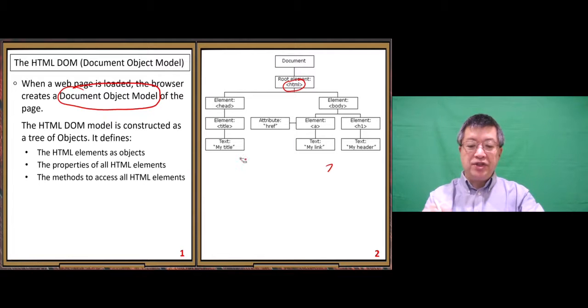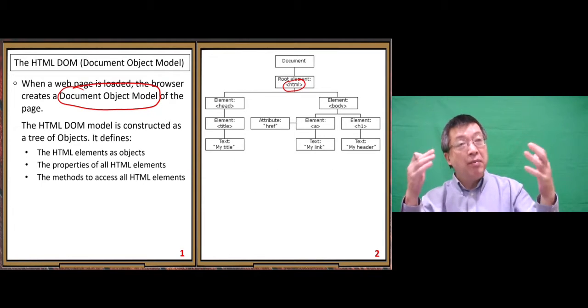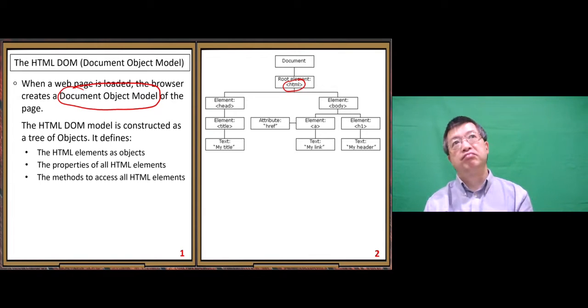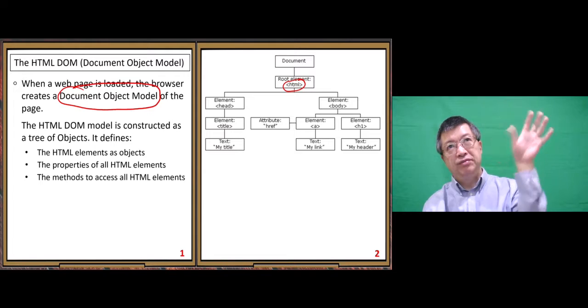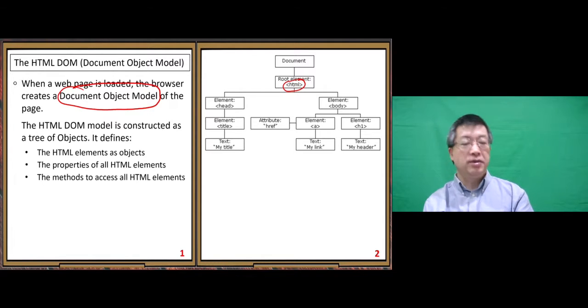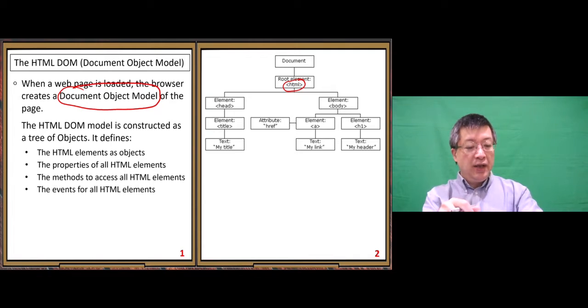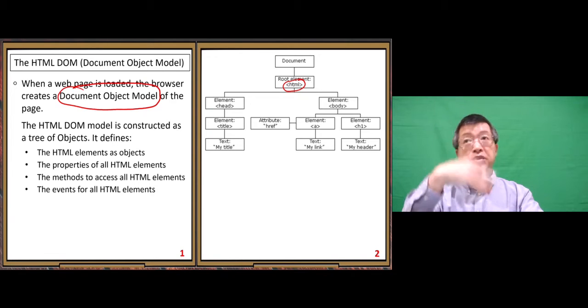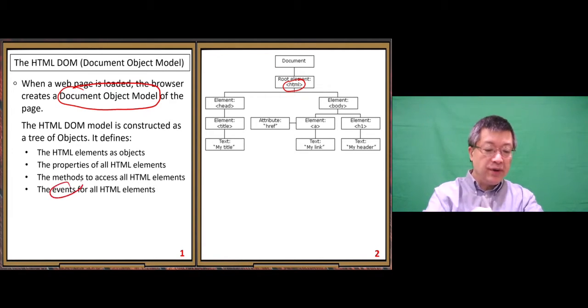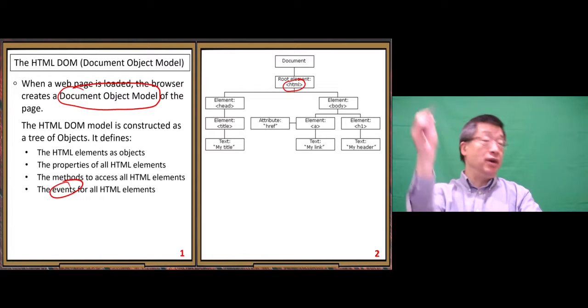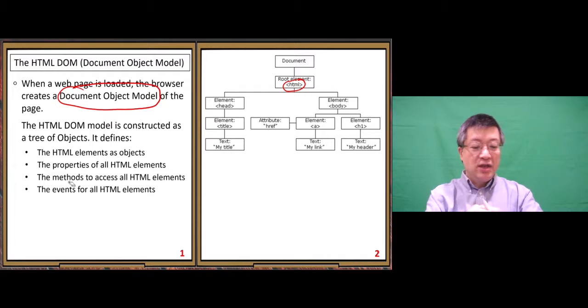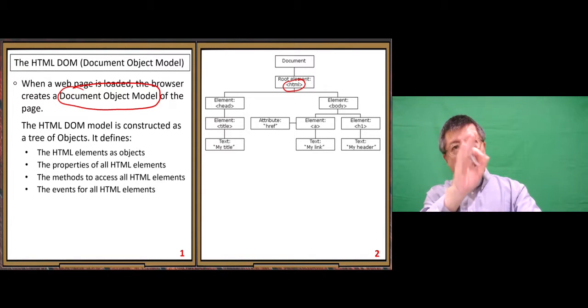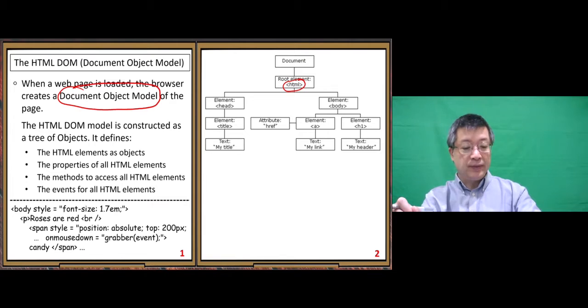Then methods: when you have an object, you can use data processing methods to do some data processing. And events for all HTML elements: event handlers, you need to do interactions with your users through events and event handlers. That's typically the data processing work we need to do.